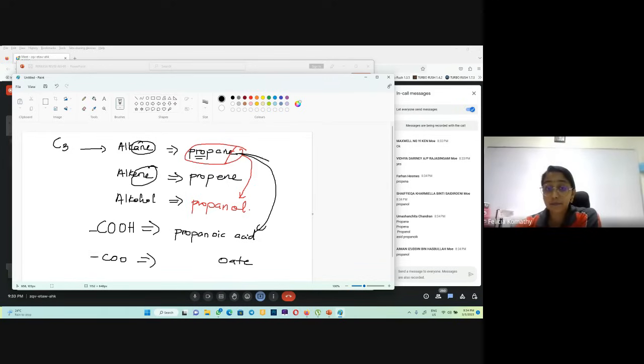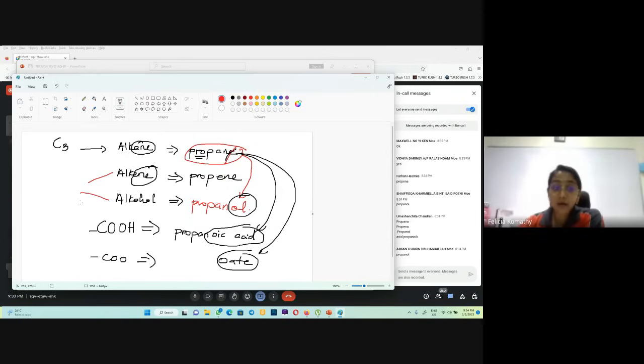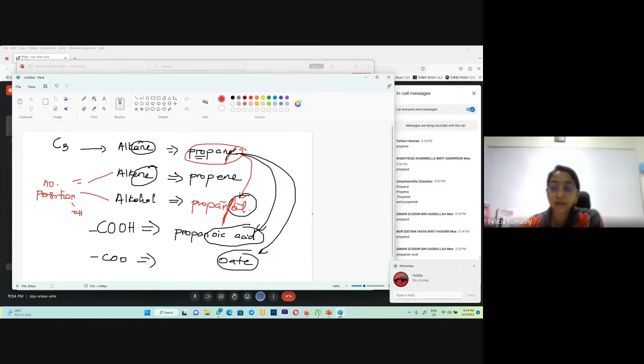All come from here. Take out the E, put in the ending. And then remember, when you are doing the naming for alkene and alcohol, you have to do the numbering for the position of the double bond for alkene. For OH, you have to do the numbering too. So in between, you have to do the numbering. Where's the location? Okay?